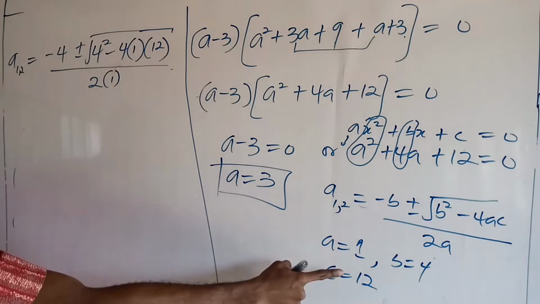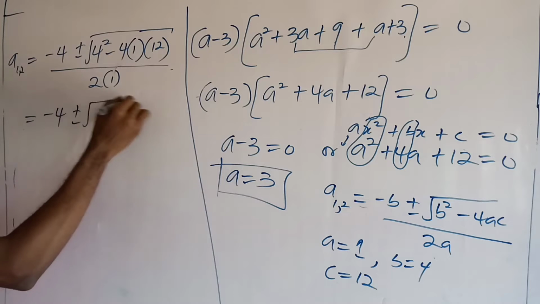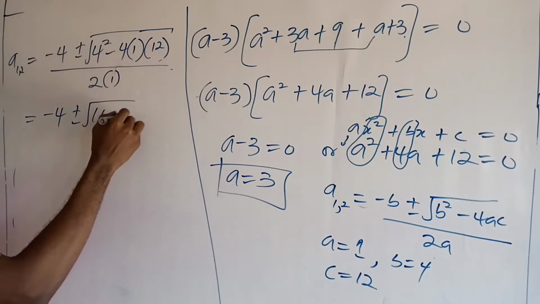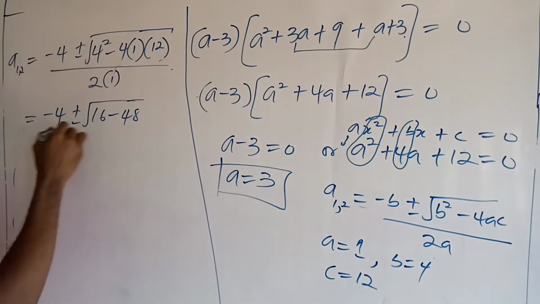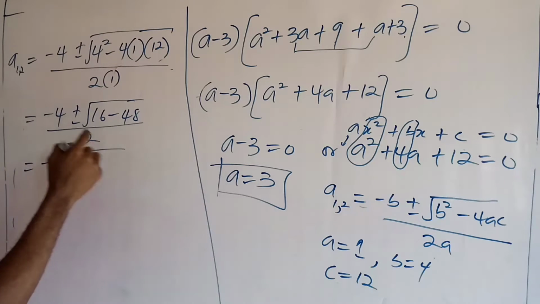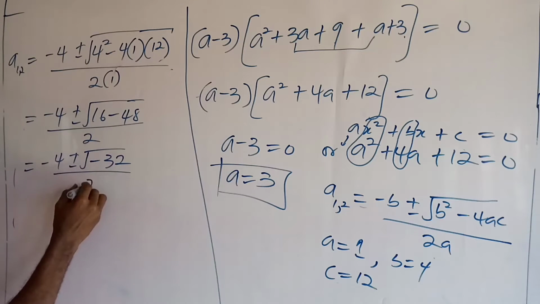If we simplify, we have minus 4 plus or minus the square root of 16 minus 4 times 12, which is 48, all over 2. So the next thing is minus 4 plus or minus the square root of minus 32, over 2.